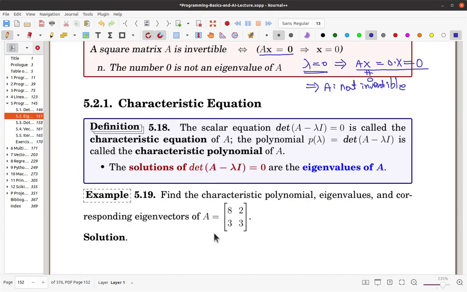Okay, here we have the subsection on the characteristic equation.